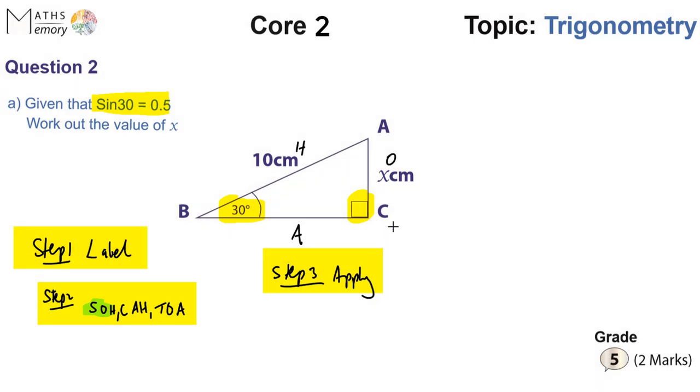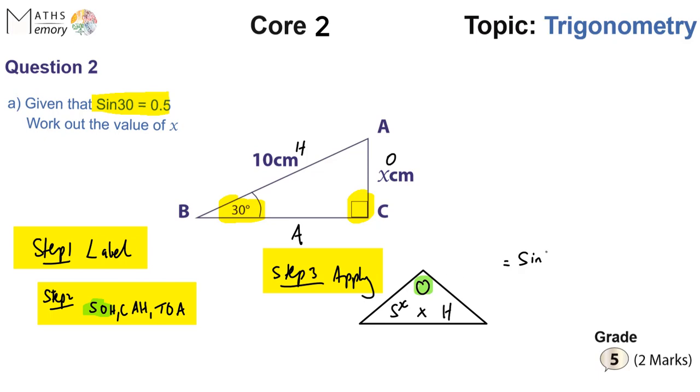If we have it like this, the top bit will be O, and sin X, the angle, times H. So we cover up O over here, the top bit. Now it'll be simply sin X times H.